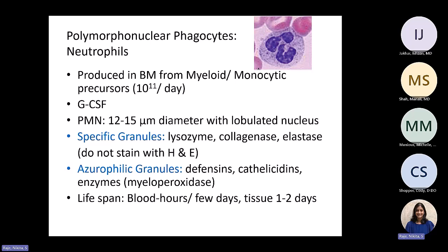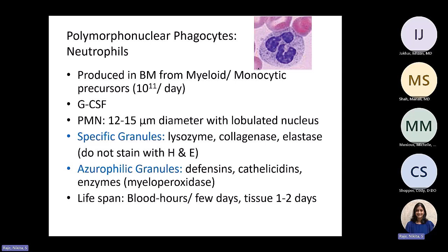The specific granules do not stain with H&E stain, and that gives them the name neutrophil, versus compared to eosinophils or basophils that do stain with this stain. So what are these granules?